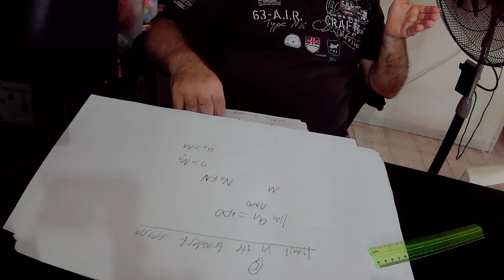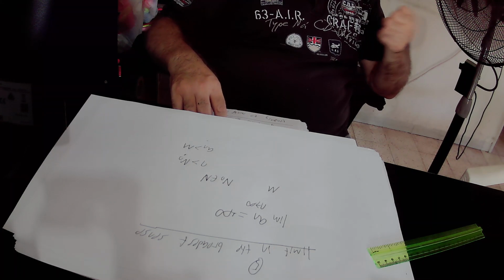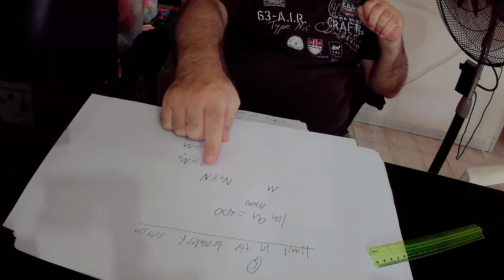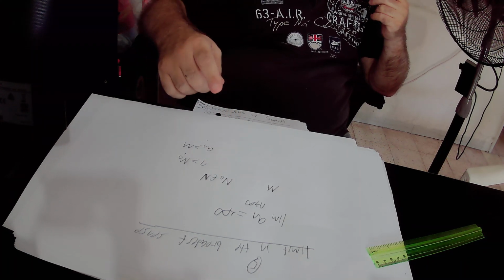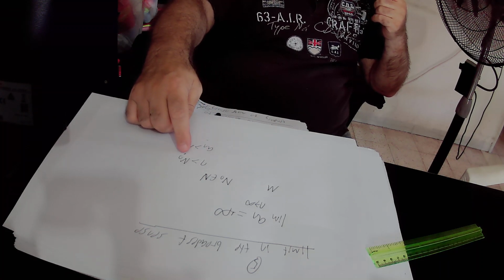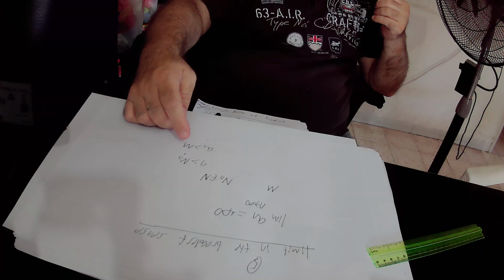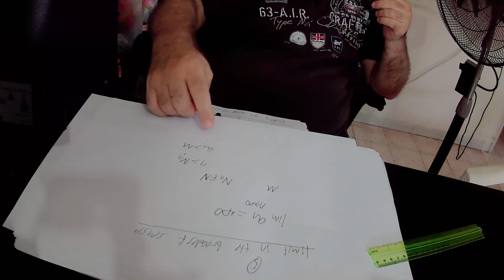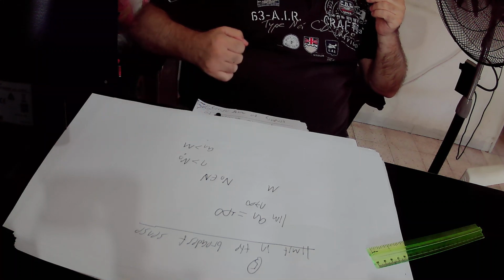Then we have to find n0 that belongs to the natural numbers in such a way that for any n that is greater than n0, we'll get that an is smaller than m.